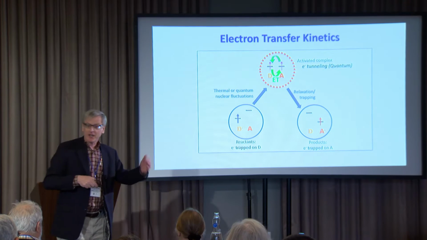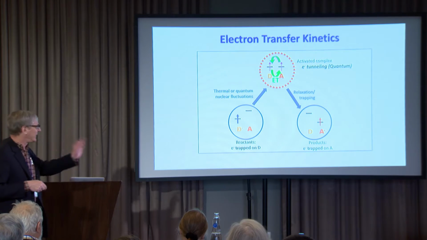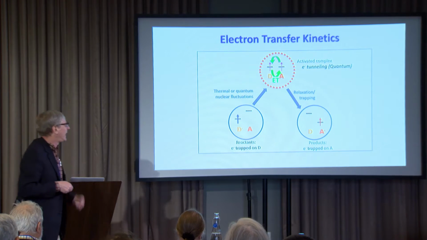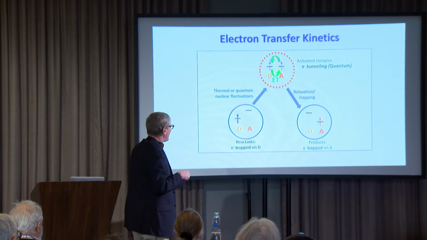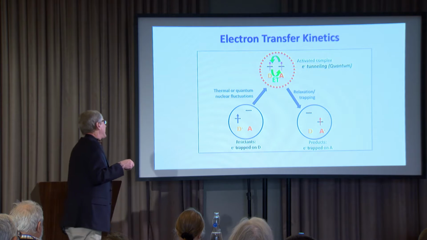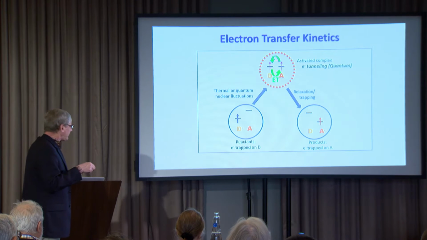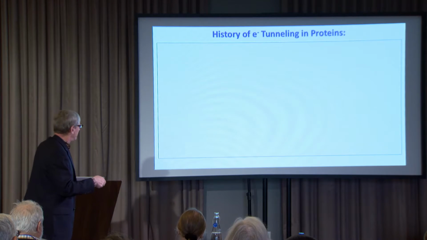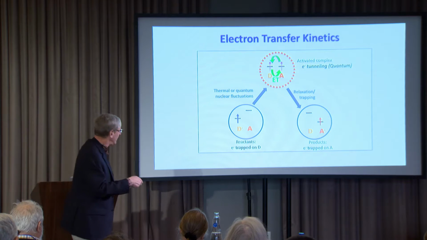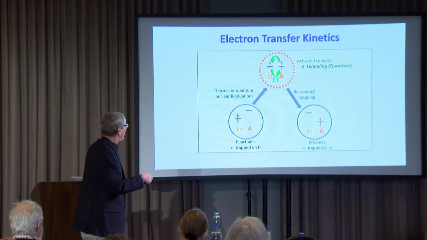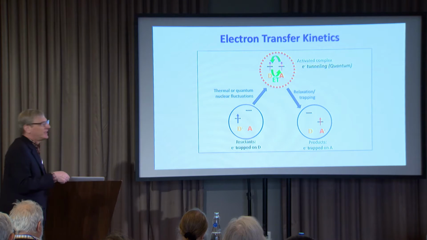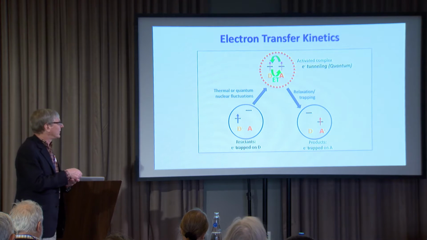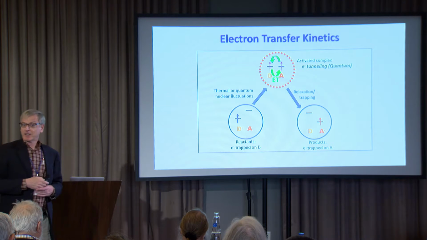I may add a photon to photoexcite the species, or I may have another way to inject a high energy electron. And it's through thermal fluctuations in this case that those donor and acceptor electronic states, these are representing electronic state energies, come into degeneracy. And it's in that degenerate configuration that my electron can tunnel.